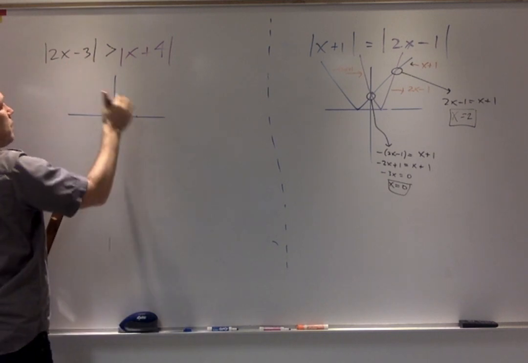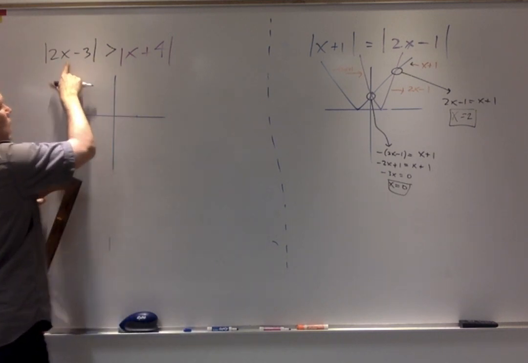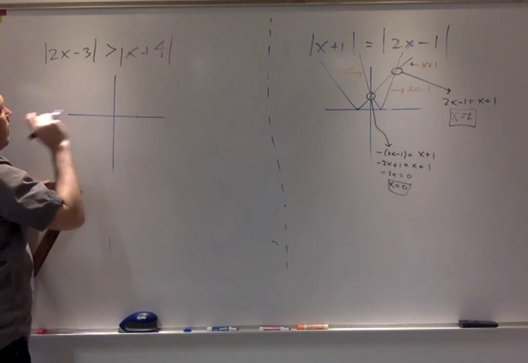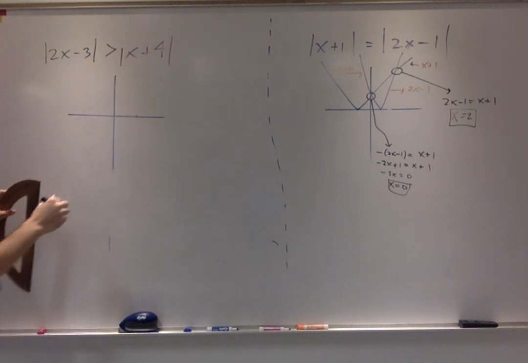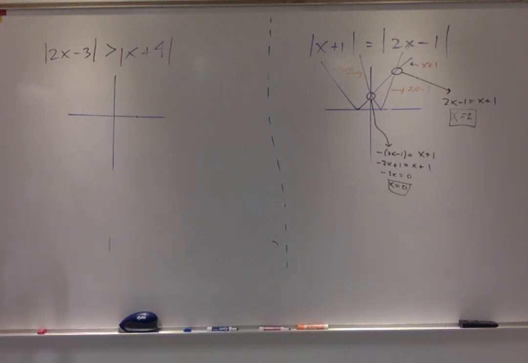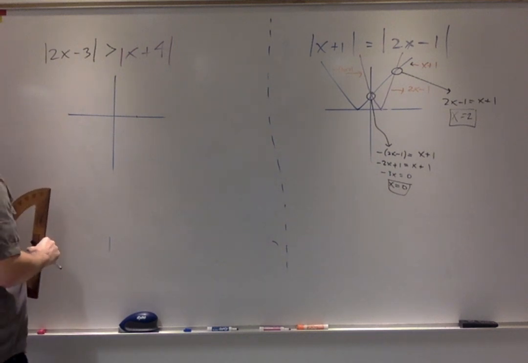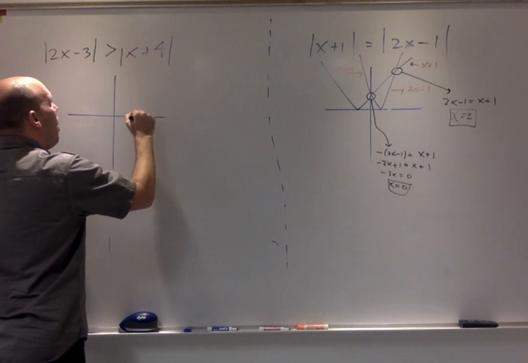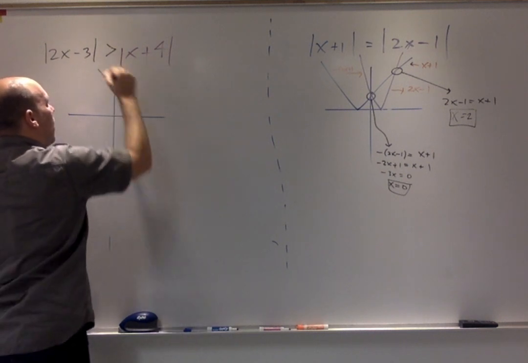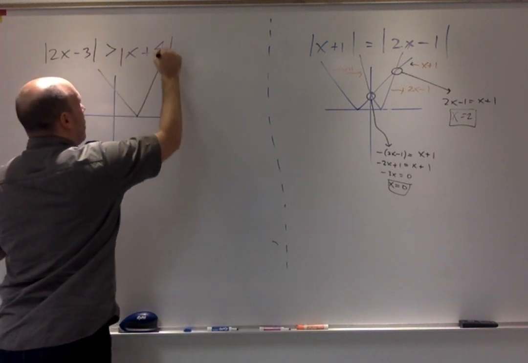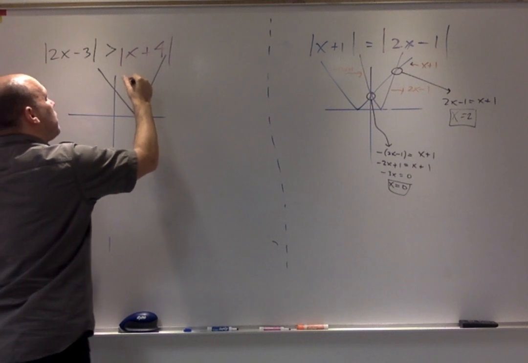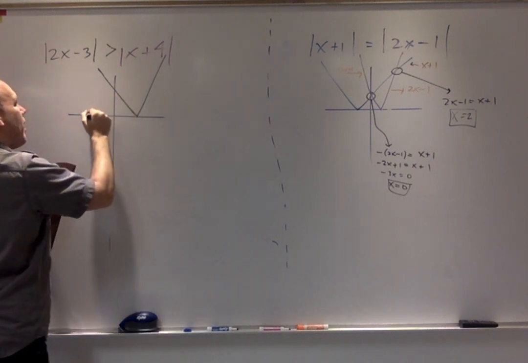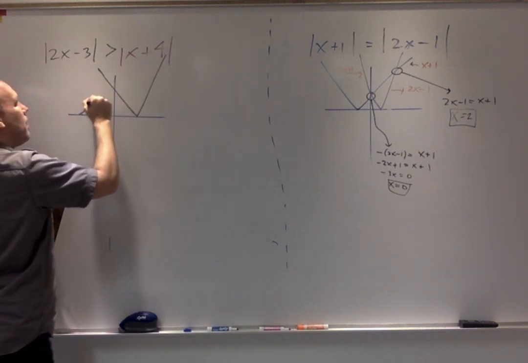I know that the y-intercept is negative 3. No, I'm sorry, when x equals 0, y equals 3. So it kind of looks like this. And I know that x equals 4, it's 4 to the right. It kind of looks like this.